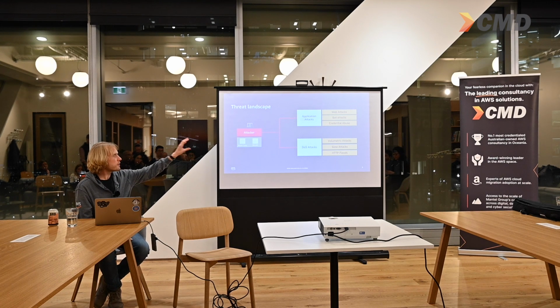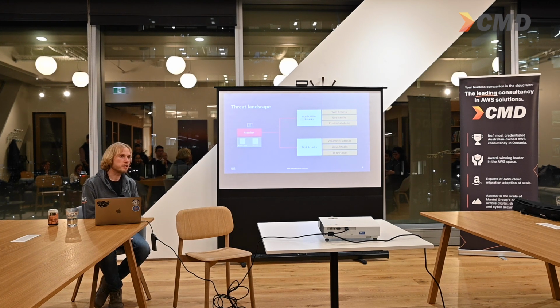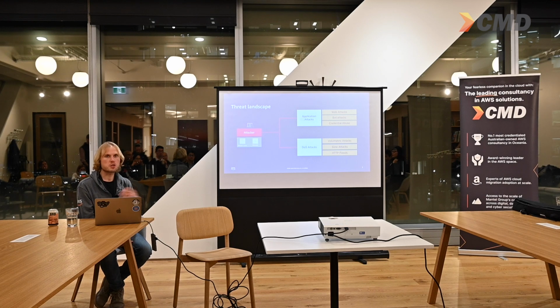As part of that, there are two classes of attacks we need to consider. The first is application attacks. When people talk about web application firewalls, including AWS WAF, the first thing they think about is the one at the top, which is web attacks. That's your classic OWASP Top 10 type stuff, your Log4j vulnerability, which you might remember from a few years ago.